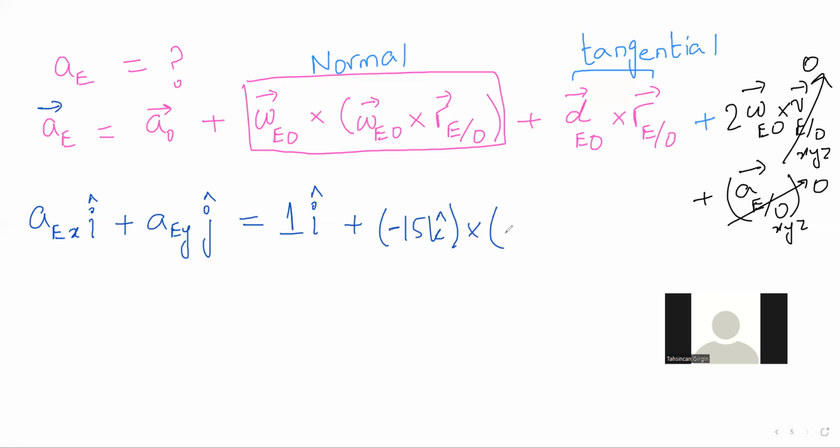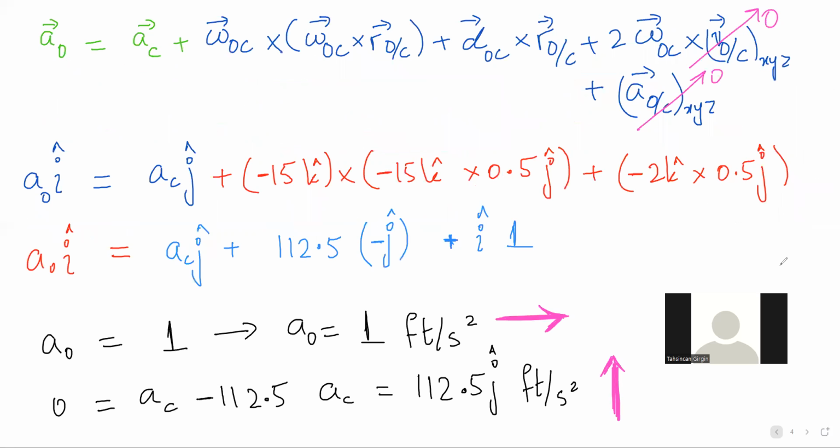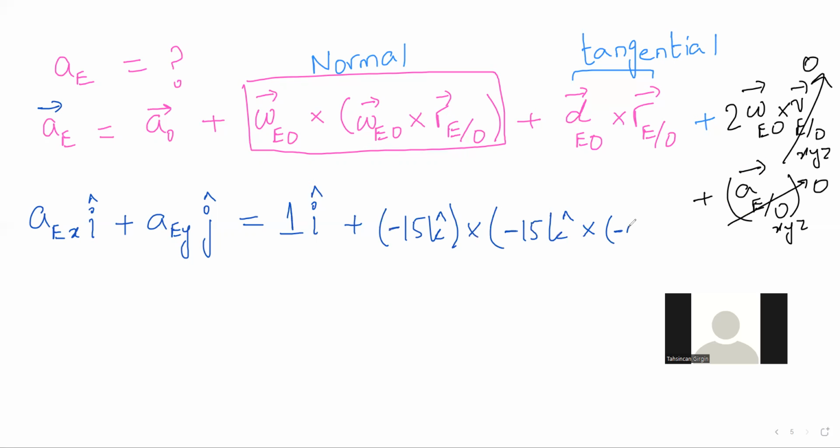Cross 0.5 I. Minus 15K cross position of E with respect to O is minus 0.5 I. One of the students has told us, he's right. Thank you. What was alpha? In the clockwise? Minus 2K. Position of E with respect to O, minus 0.5 I.